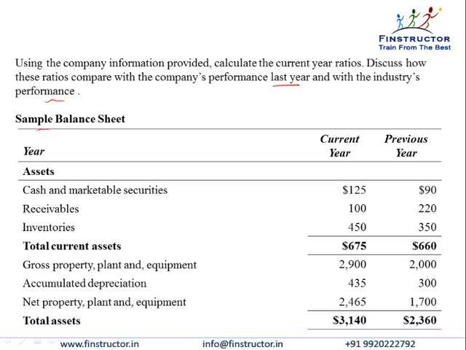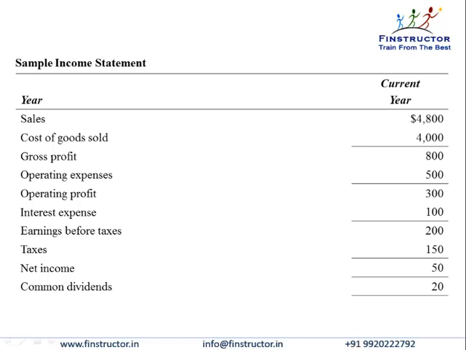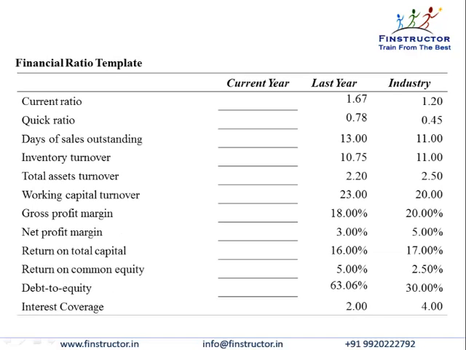So we're given a sample balance sheet, cash, receivables, inventory, fixed assets, the liabilities, and we're also provided with the income statement. The question asks us to compute the following ratios using the data provided in the previous slides and compare them with the last year numbers as well as that of the industry. So we'll dive right into it.